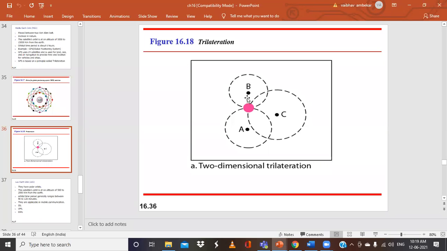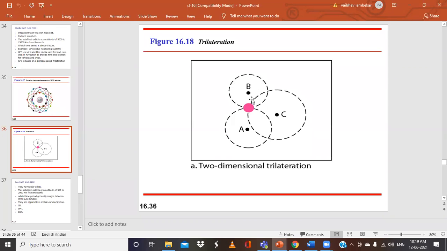If I know my distances from any 3 points, then we can draw a circle from each of these 3 points, and I can get my location. If I want to know the current location, this is what we need to do.